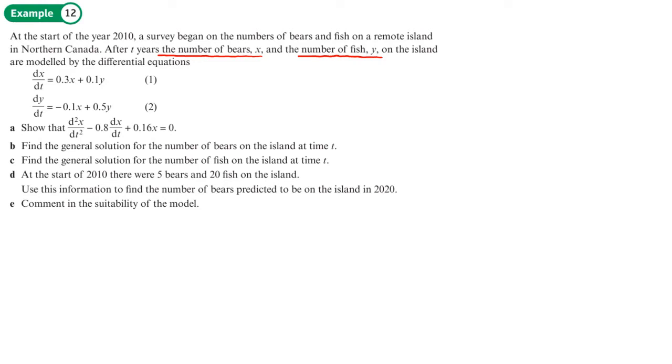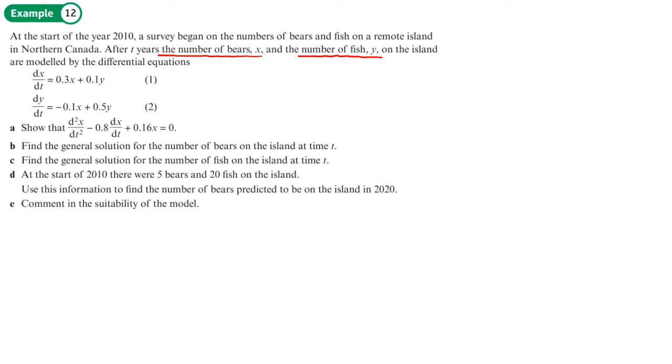So as the rate of bears goes up, maybe the rate of fish goes down. As the rate of fish goes up, the rate of bears goes up. And we've got two differential equations, one to model the number of bears, which is x, and one to model the number of fish, which is y.